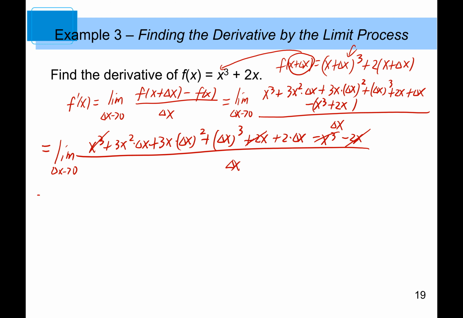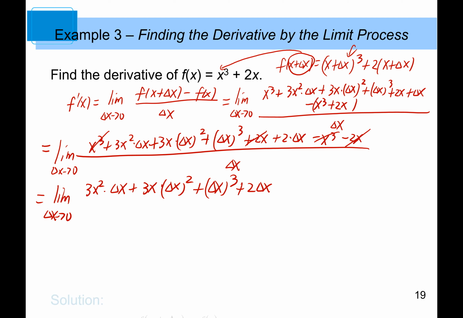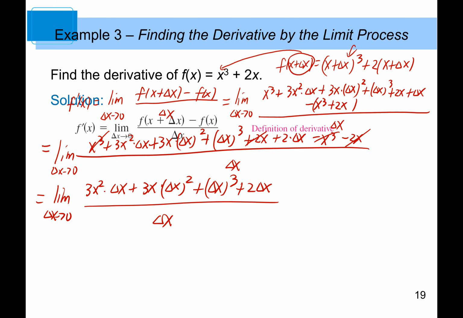So now we cancel x cubed, we cancel 2x, so everything else remains. What remains: 3x squared times delta x plus 3x times delta x squared plus delta x to the third plus 2 delta x, divided by delta x. Every single term has a delta x, so if you factor that out, everything gets cancelled.